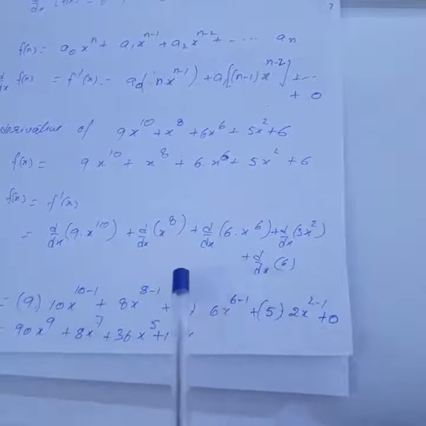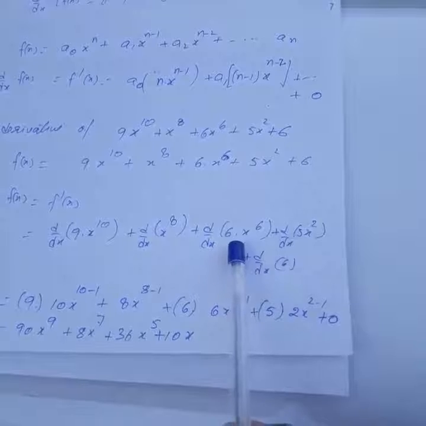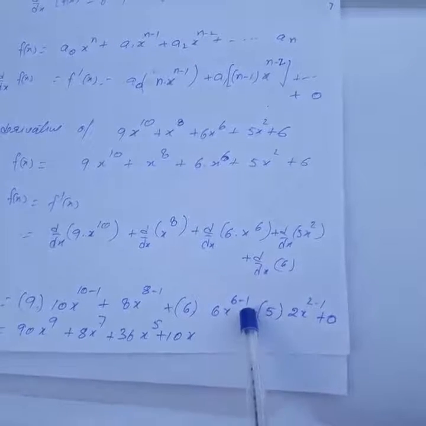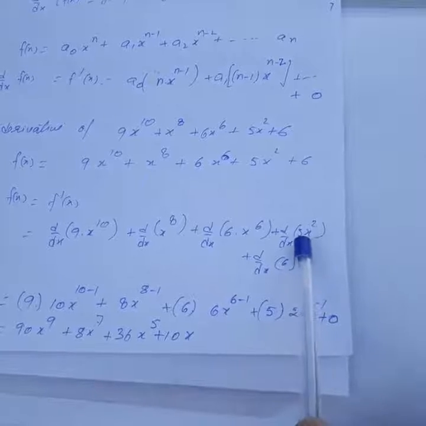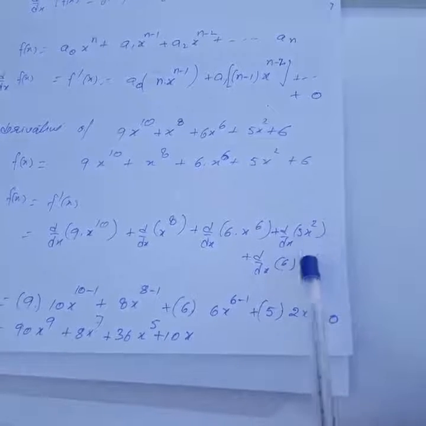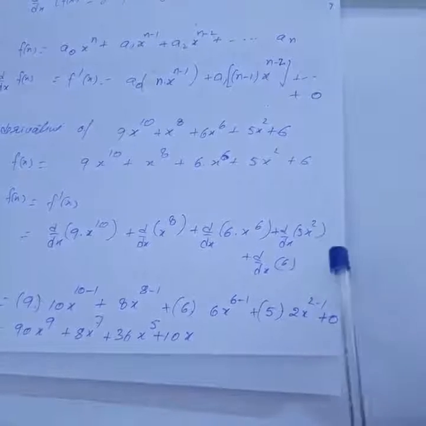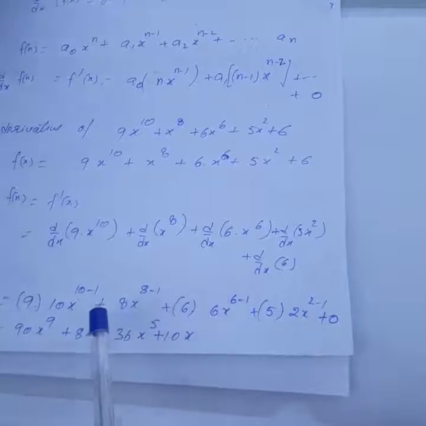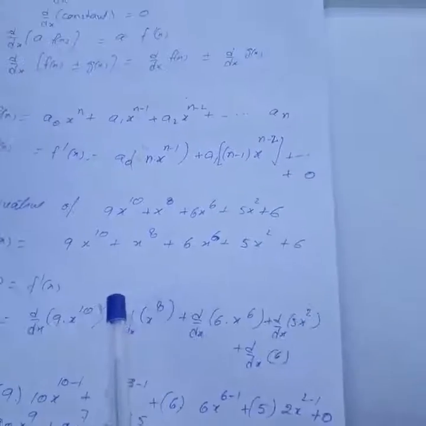And you can proceed like this. The derivative of x^6 is 6 into x^5, plus the derivative of x^2 is 2 into x. The derivative of 6 will be 0. So write it in the simplified form. In this way you can find the derivatives.